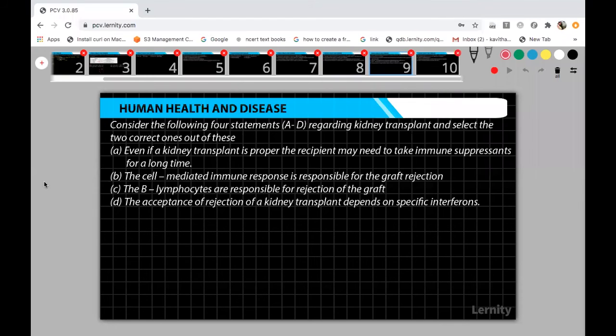This is the 9th question. Yeah, finish writing 9th. 10th one. This is 10th.